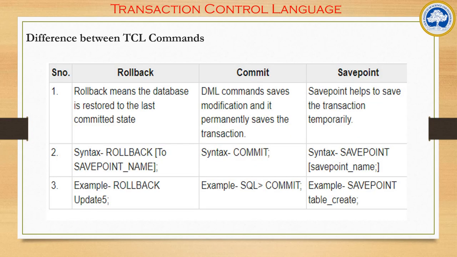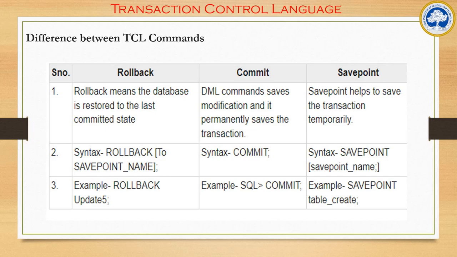Here the difference is given between rollback, commit, and savepoint. Rollback restores the last committed state. The syntax is to mention rollback and the savepoint you want to go up to, so that we roll back the transaction.